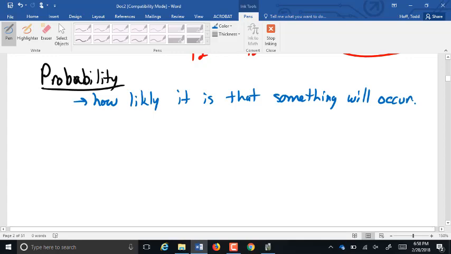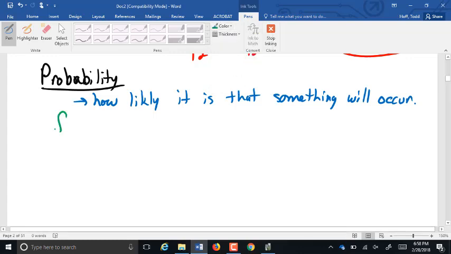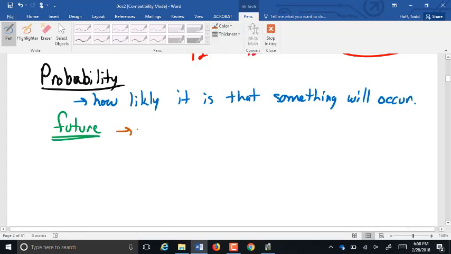Now, how likely it is that something will occur implies that it has not happened yet. And that is absolutely true. If it has already happened, probability doesn't apply to it anymore. Probability is about predicting the future. Of course, it's predicting the future based on the past.